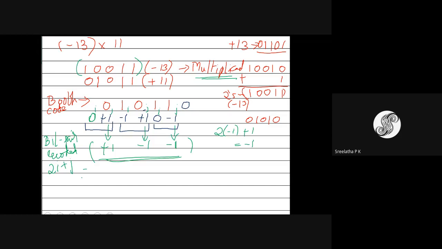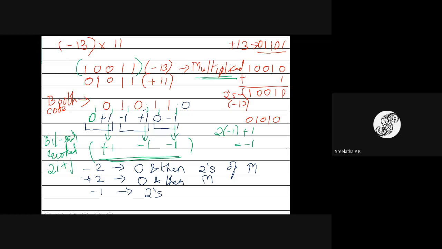When the value is minus 2, what you are supposed to add is: put a 0 at the LSB and then the 2's complement of the multiplicand. If it is plus 2, add a 0 at the LSB and then the multiplicand. Similarly, if it is minus 1, you find the 2's complement.